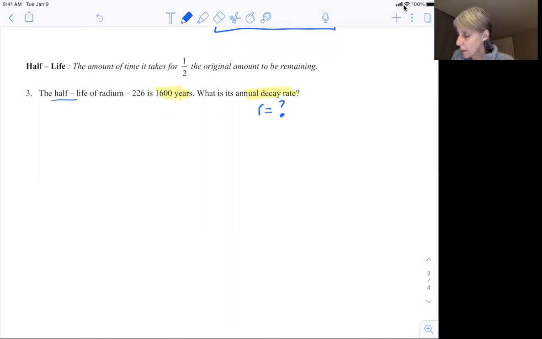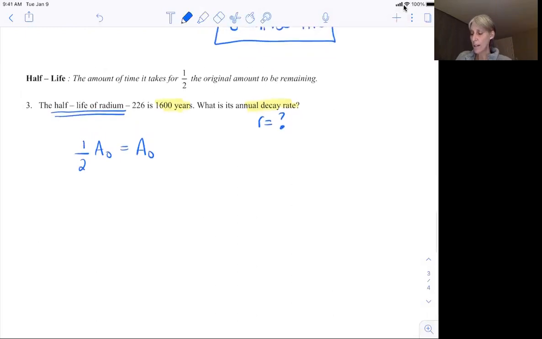And basically, half-life means how long it takes for half of the original amount to be remaining. So if we're using our law of uninhibited growth, 1/2 a sub 0 equals a sub 0 e to the k, because really R is really k.